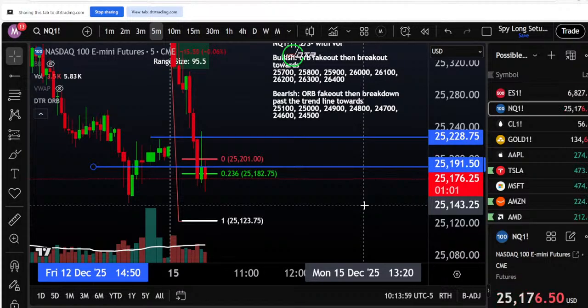Okay, so back to like 13, 14 points. Let's see if we can get that gentle pullback.